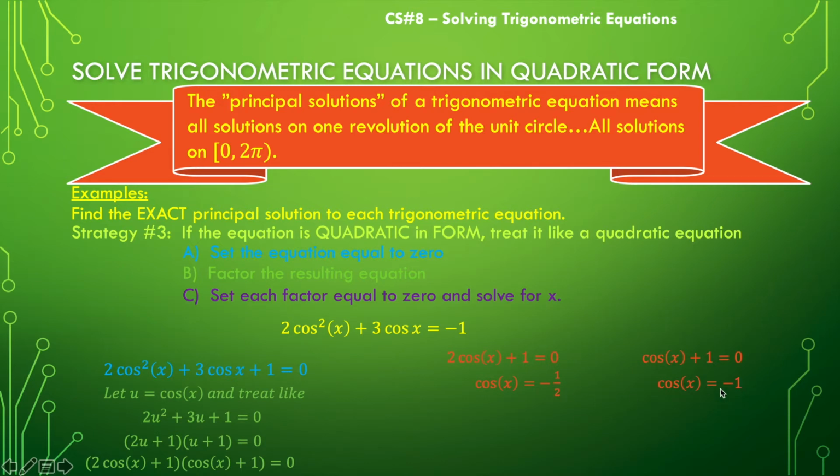There are 2 for the first one, at 2 pi over 3 and 4 pi over 3 on the left-hand side of the unit circle. And then where's a cosine of -1? Which angle measures have an x value of -1? That will be at pi radians. Our solution set for this equation is pi, 2 pi over 3, and 4 pi over 3.